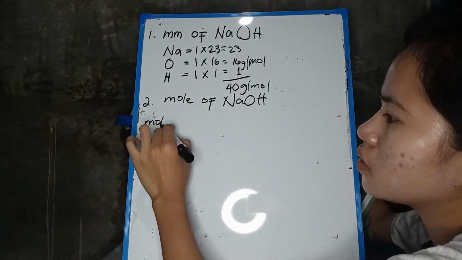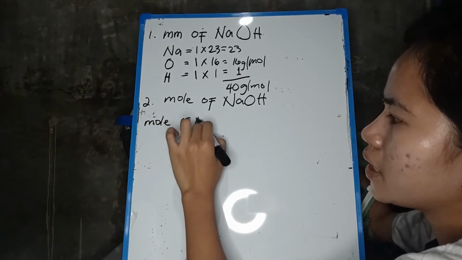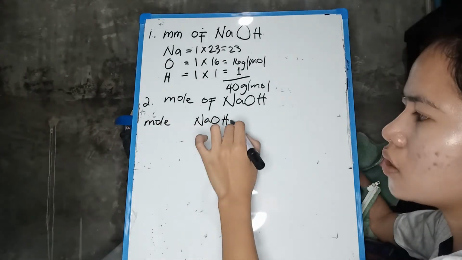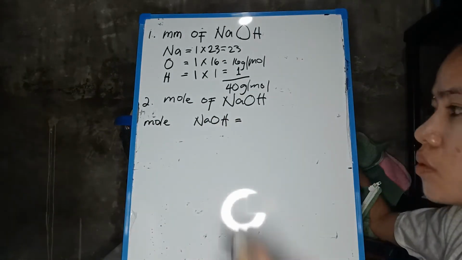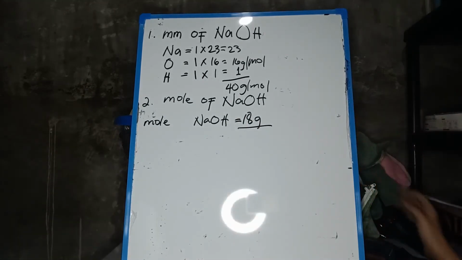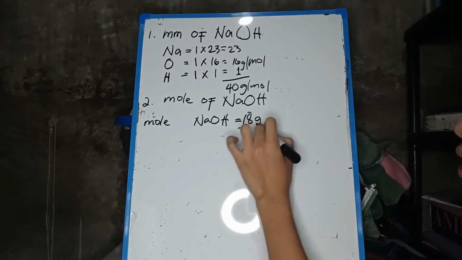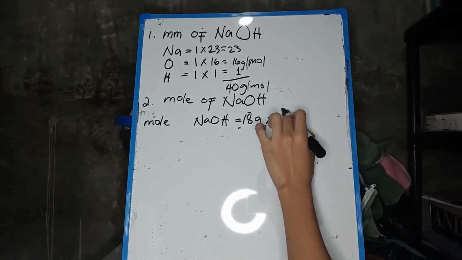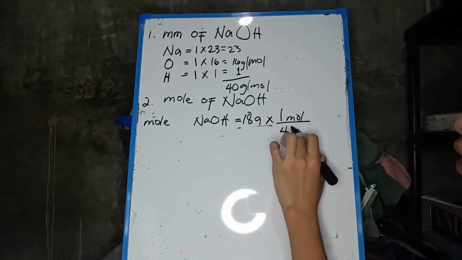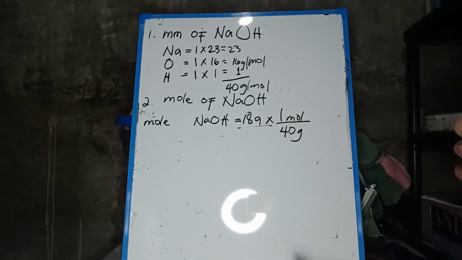So, mole of NaOH is equivalent to 18 grams over, or pwede ding gamitin natin ang times 1 mole over 40 grams of sodium hydroxide.